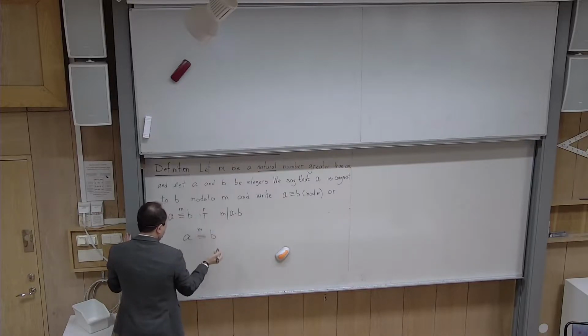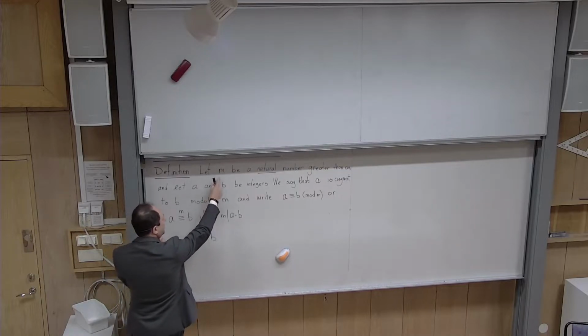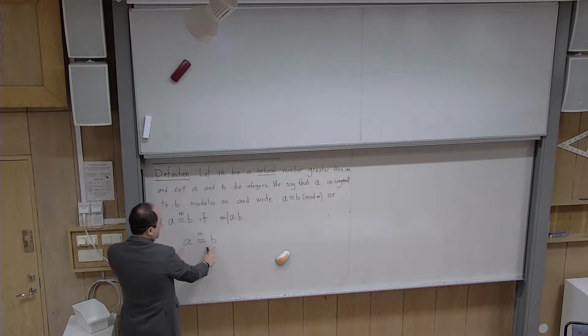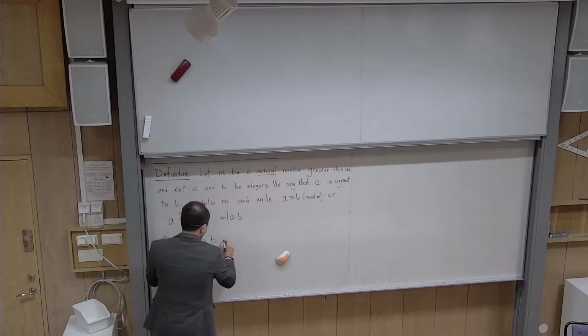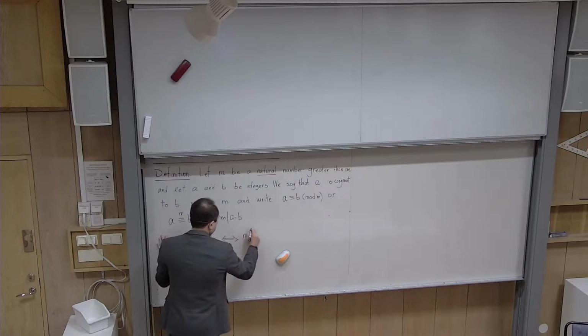It's as simple as this. First of all, you have to have some rules. m is a natural number greater than 1, but a and b are integers. So when you see this symbol, it means that this is equivalent to saying this. Yes, that's it.